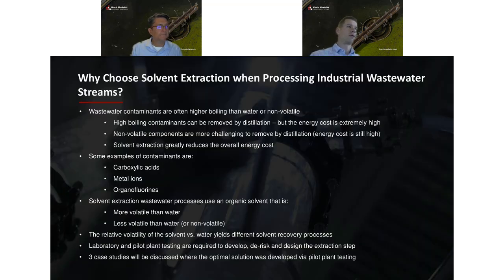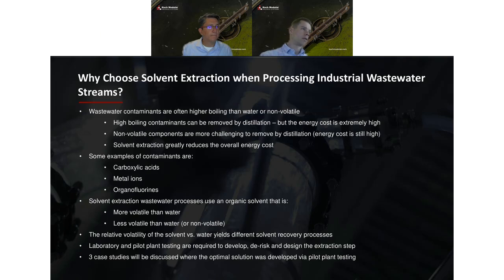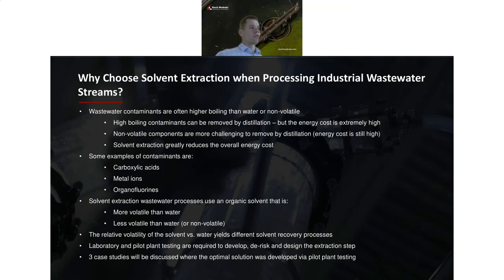Thanks, Mauricio. So why would you be interested in choosing solvent extraction when looking at processing an industrial wastewater stream? Really what it comes down to is there's substantial energy savings over traditional processes like distillation. Wastewater contaminants are often higher boiling than water or non-volatile.